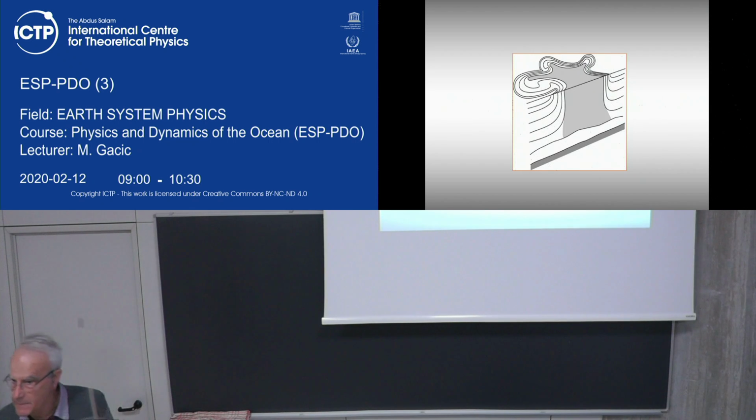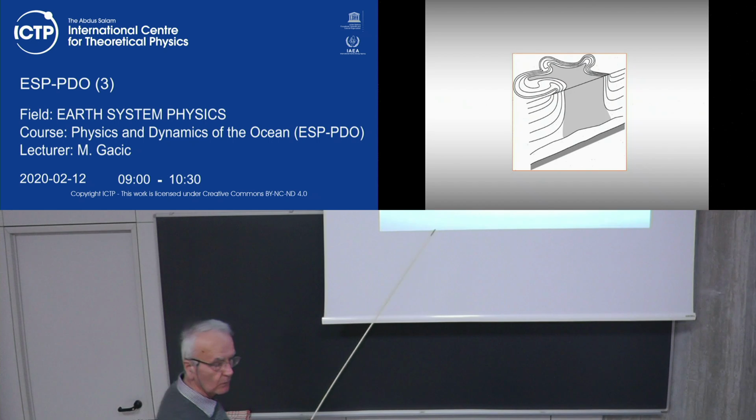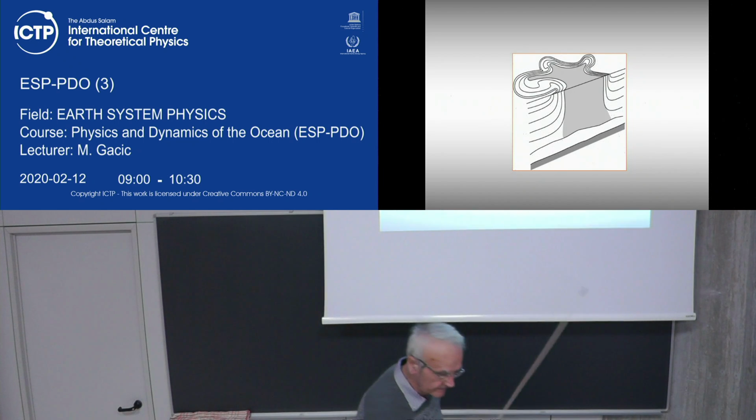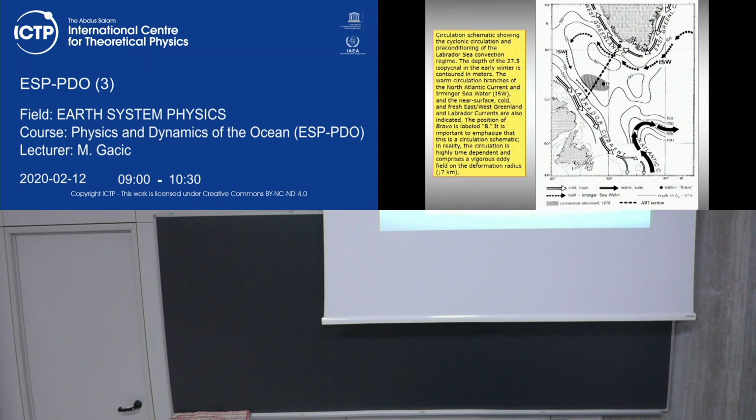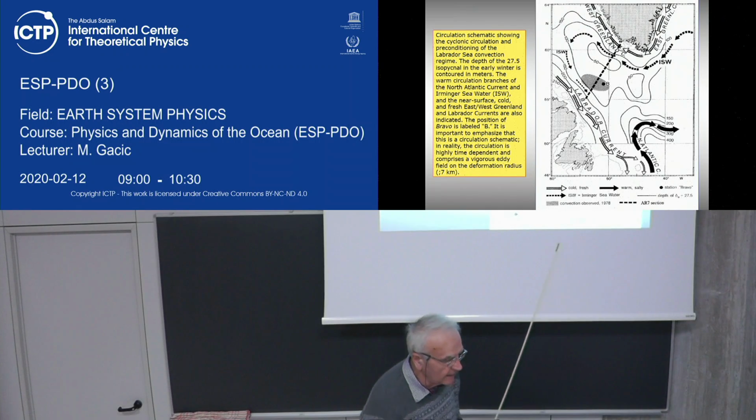It's vertically mixed because at this specific place, at this limited area, there was the dense water formation, losses of heat and losses of fresh water. So that's how it looks like. There are a number of things.